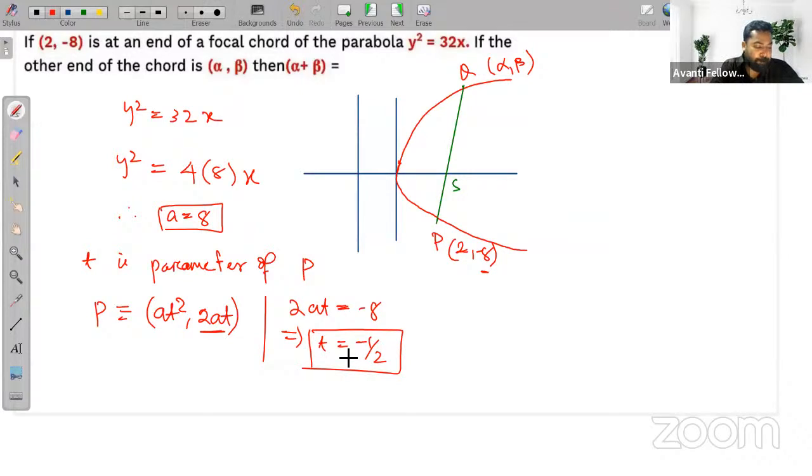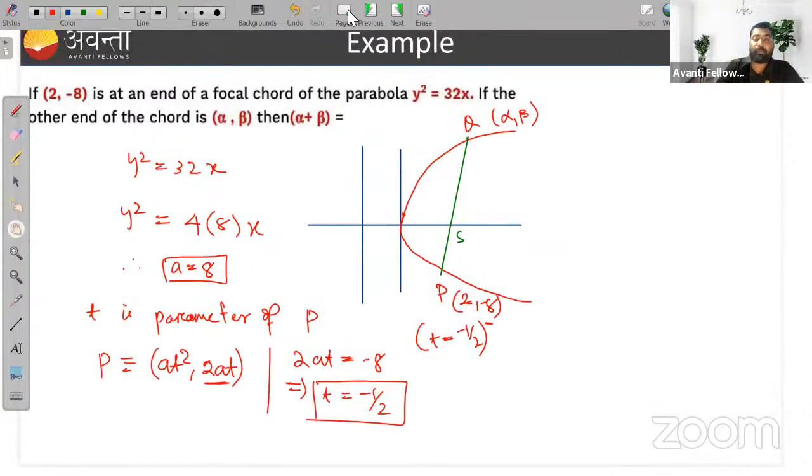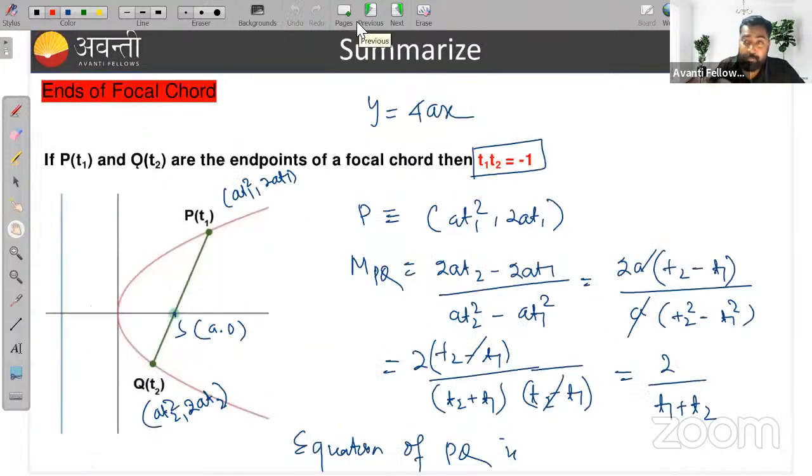Clear? So if the parameter of point P is T, and T is equal to minus 1 by 2, then what will be the parameter of point Q? In the previous results we already studied that if T1 is the parameter of point P and T2 is the parameter of point Q, then T1 into T2 is equal to minus 1.